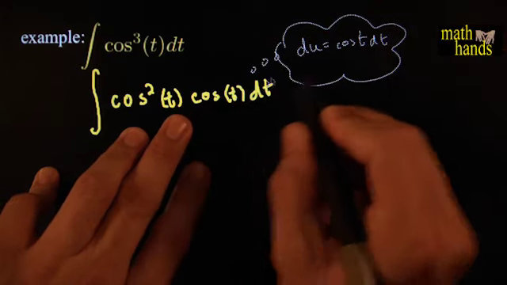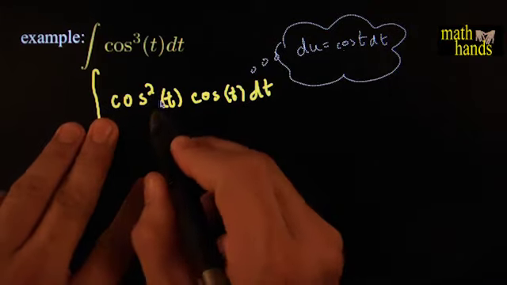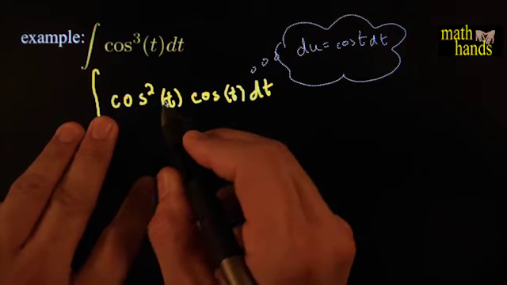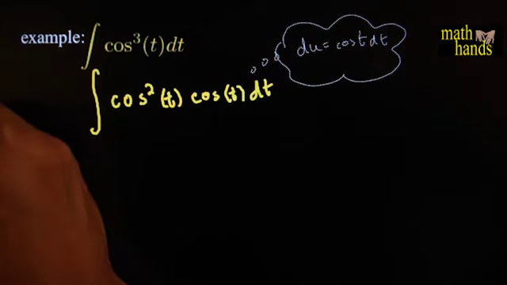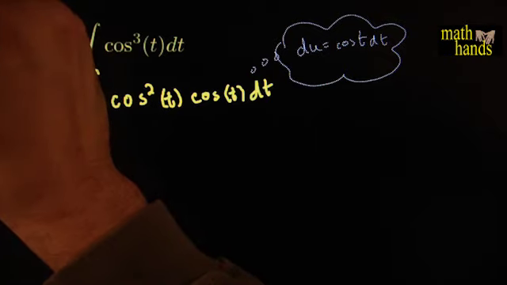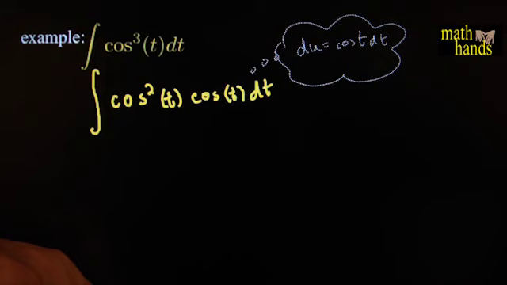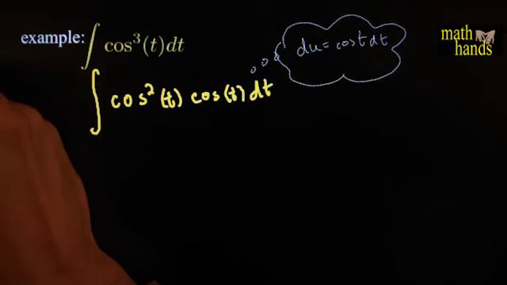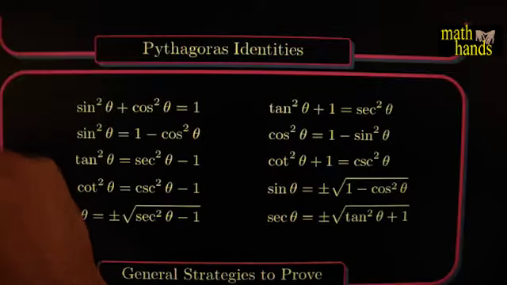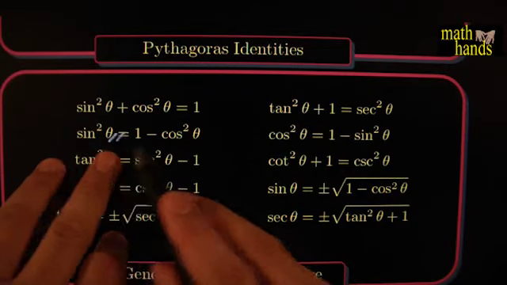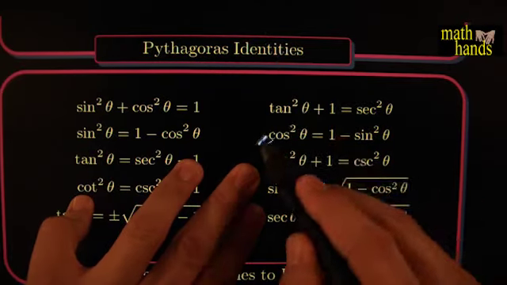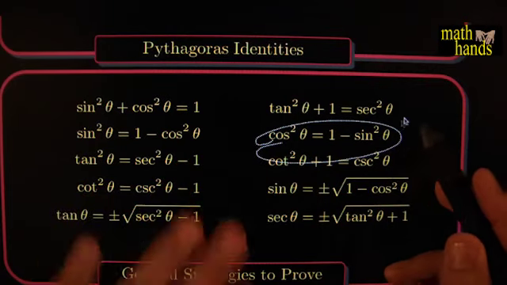If that's the case, well, what would my u be? Well, u would have to be sine, but this doesn't look like a sine, though it's easily convertible to a sine. Again, if you remember our famous trig identities, that would be the Pythagorean identity. You have sine square plus cosine square equals 1, so every cosine square right here can be exchanged for 1 minus the sine square.